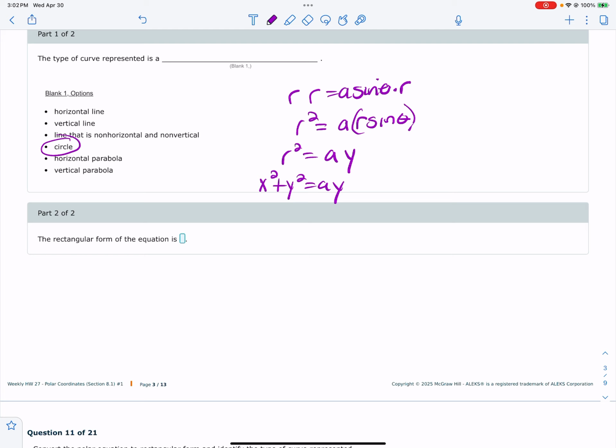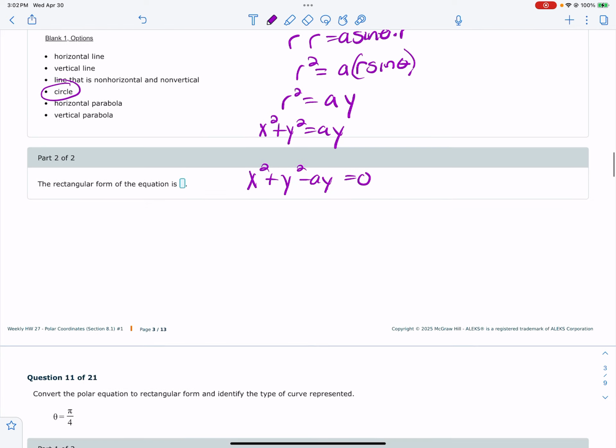Now, I don't know what form. I can't have y's on both sides. Oh, okay. And if it's a circle, it would need to be written in circle form.